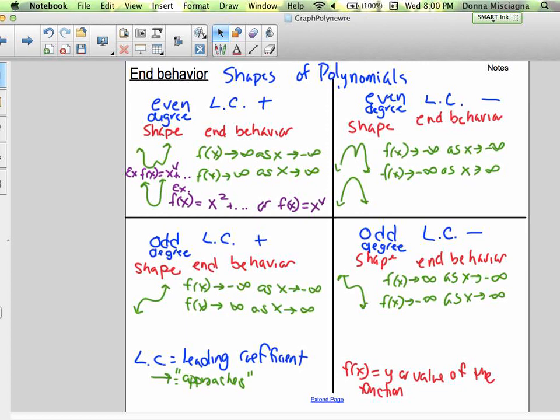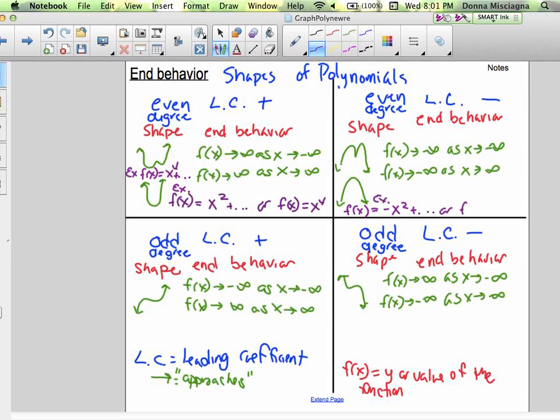All right, so now look at even degree. Leading coefficient is negative. Basic shape, again, it's going to have a U, but this time it's going to be an upside down U. All right? So some example equations. Very similar to the other side. And so these would be our examples. f of x equals negative x squared plus, we can add all we want to that, it's going to maintain that parabola shape.